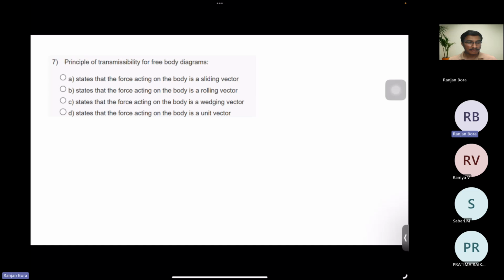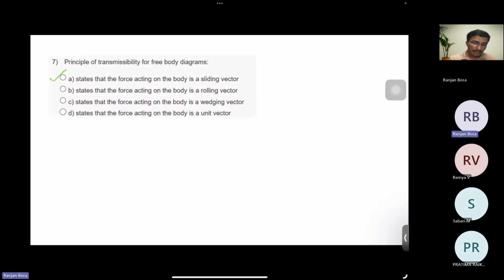What is the answer? So your answer is A.